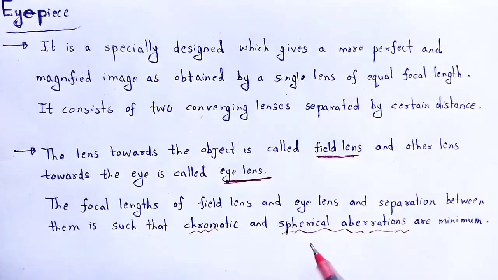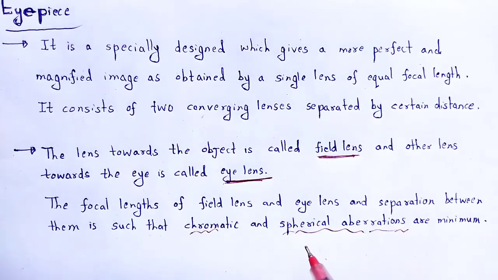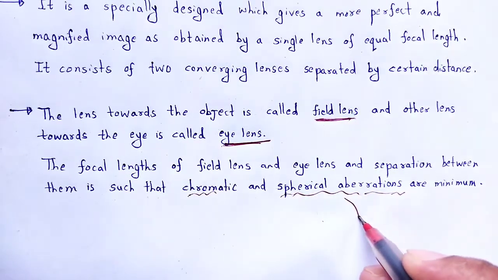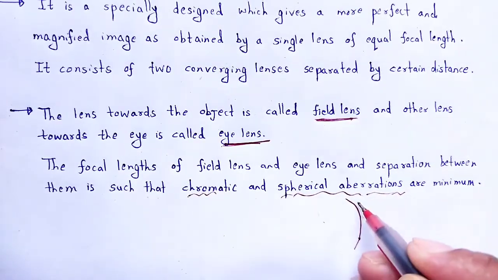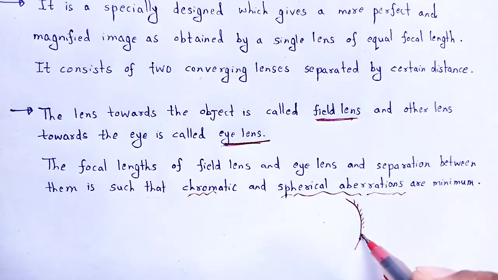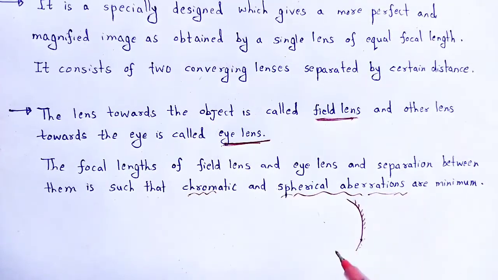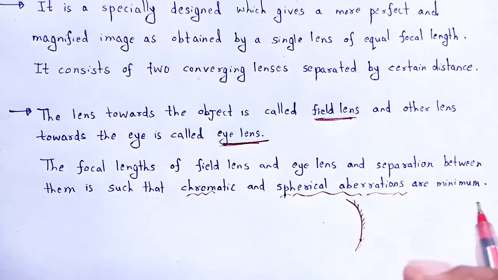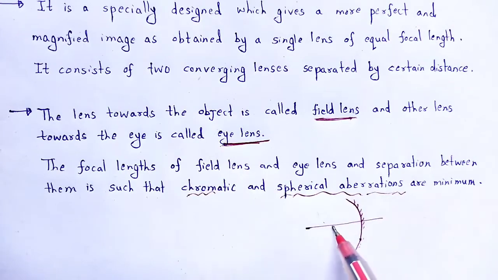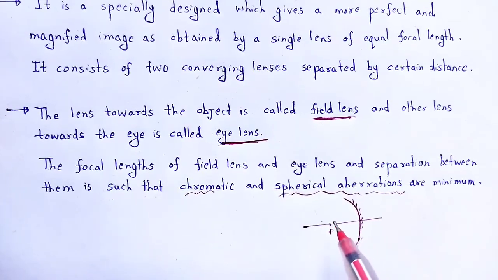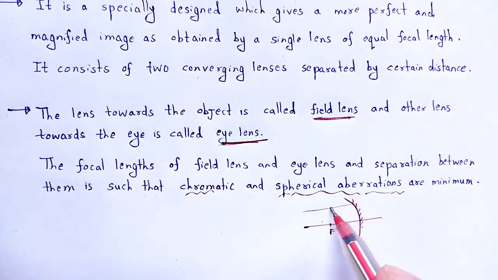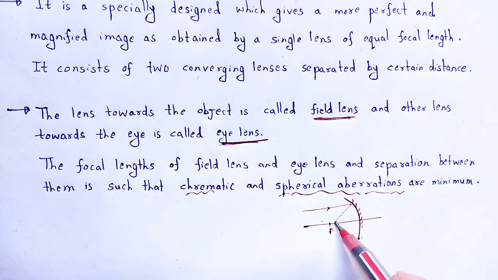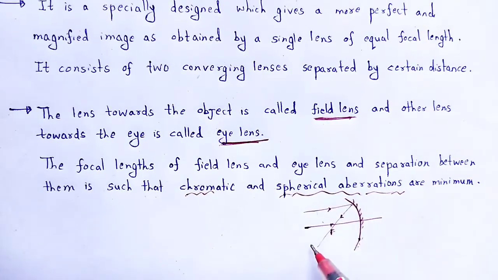What is chromatic aberration and spherical aberration? Look here. Spherical aberration: if we take a concave mirror having a large spherical surface, and a ray of light parallel to the principal axis should pass through the focus.